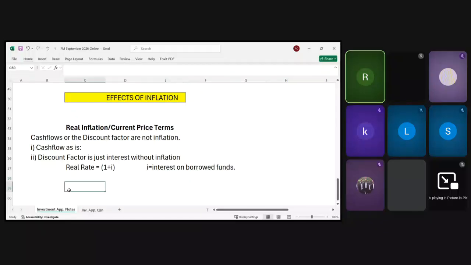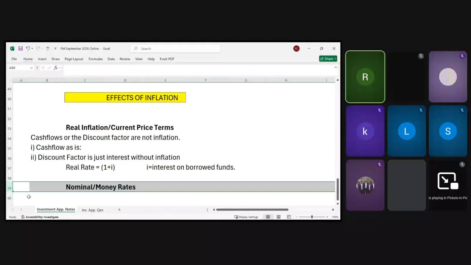Now, if we look at the nominal, we have nominal or money rate, right? Nominal or money rates, what does that mean?